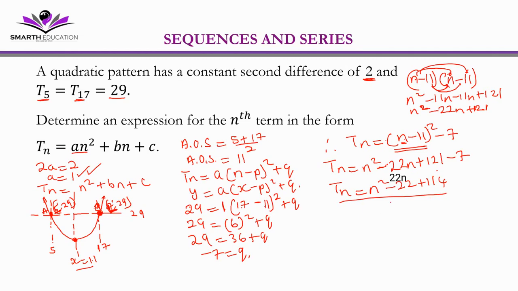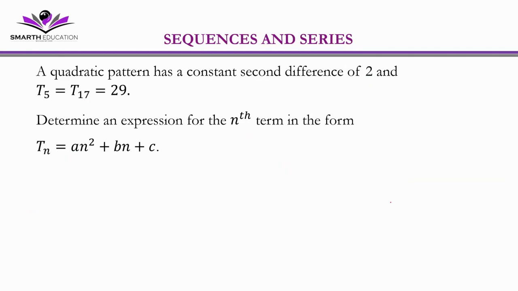The other way of doing this, we are going to create two equations. We have T5 is equal to 29, and also we have T17 is equal to 29. So we're going to create equations using these two pieces of information. Let's start with T5 is equal to 29.